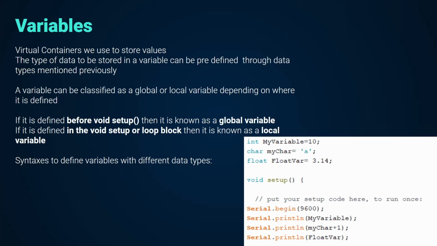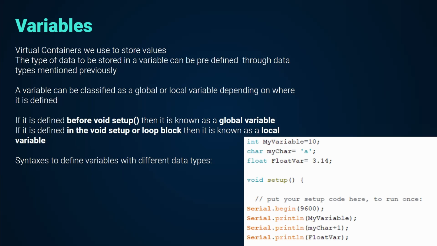Just remove the quotation marks. And float, same as that, just a number with decimals. I don't think I have this code written right now. So what will happen is in the void setup part, I've given Serial.begin, that's to communicate with the monitor. Then Serial.println my int variable, my char +1 and float variable.